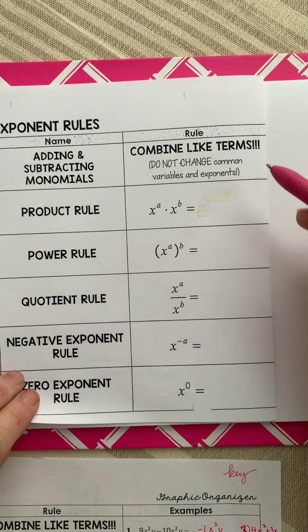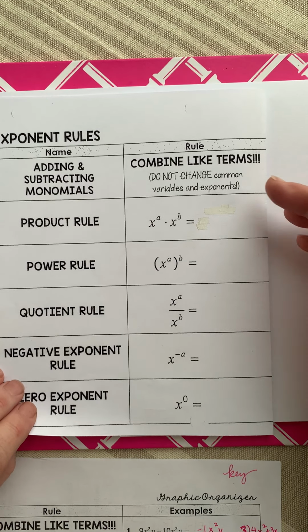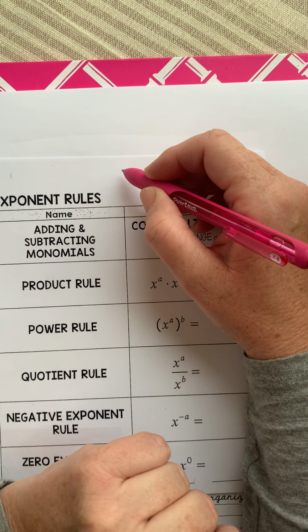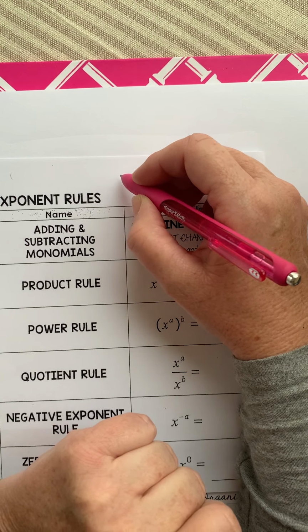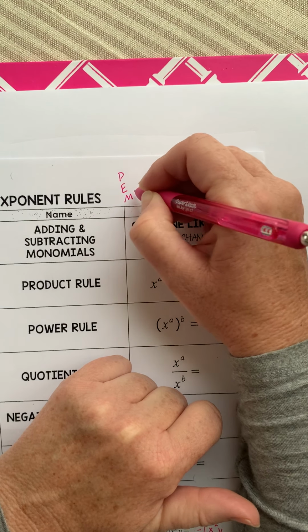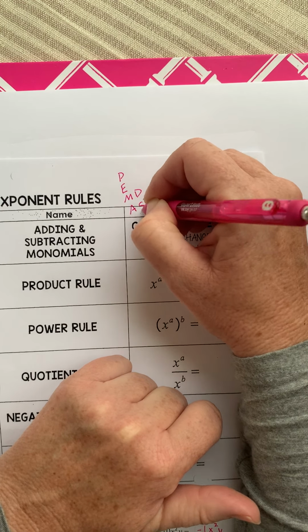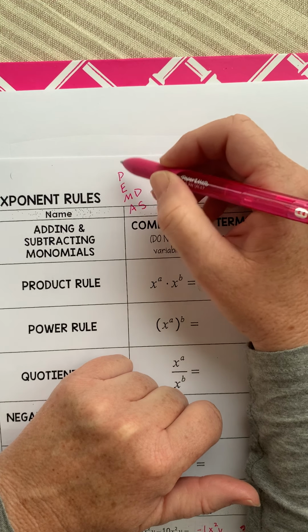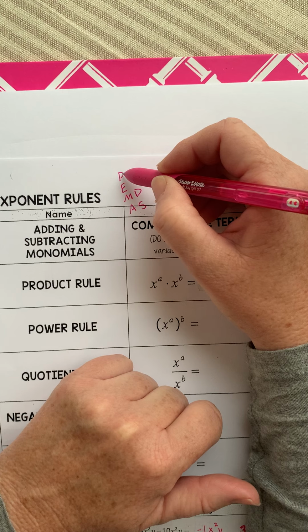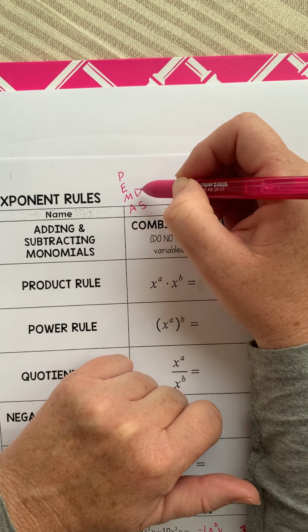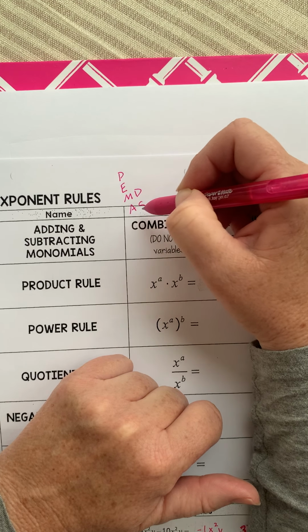The one thing that I want to remind you of is the order of operations. Do you guys remember when you learned the order of operations and you learned, please excuse my dear Aunt Sally? Okay, and that little memory device stood for parentheses, exponents, multiplying and dividing, and then adding and subtracting.